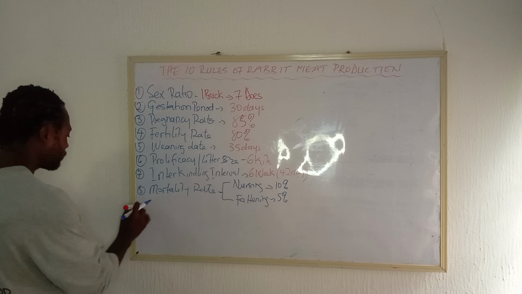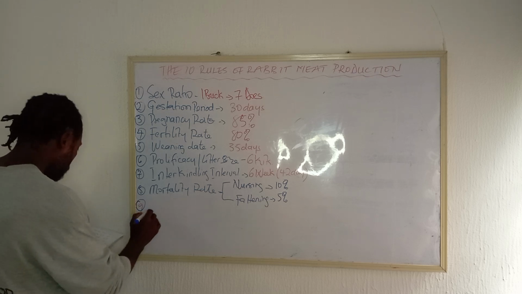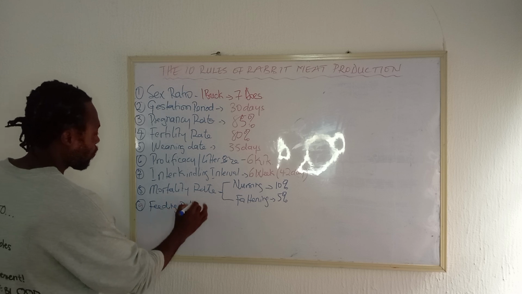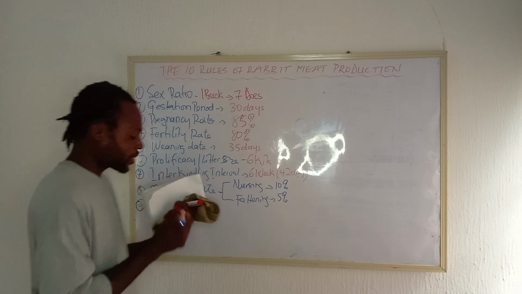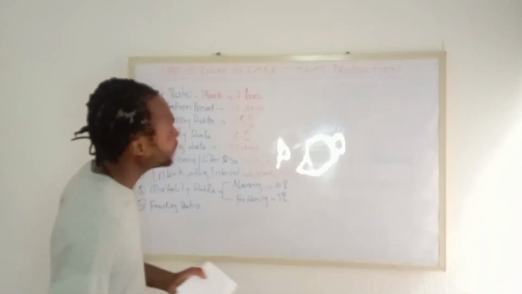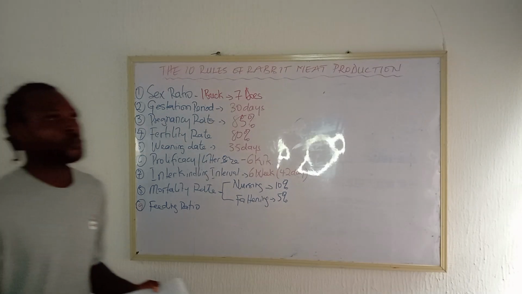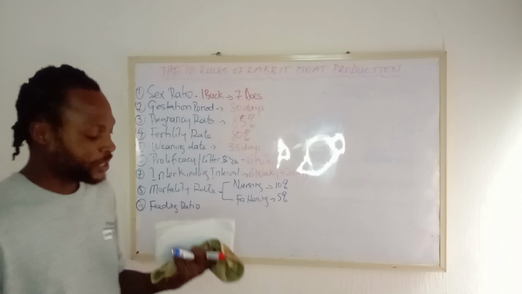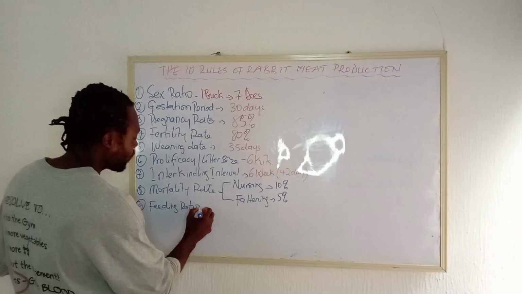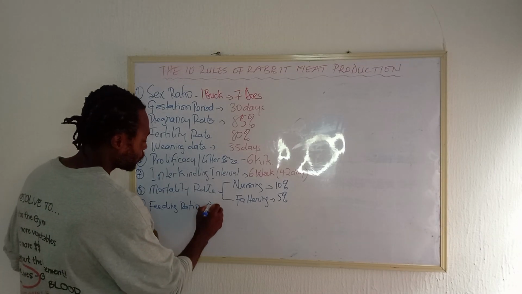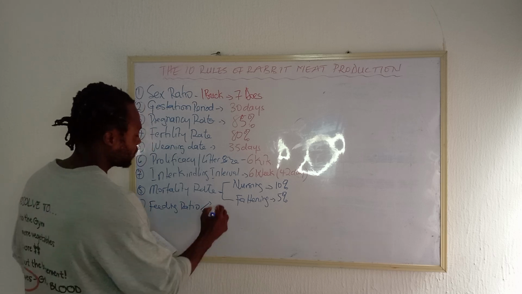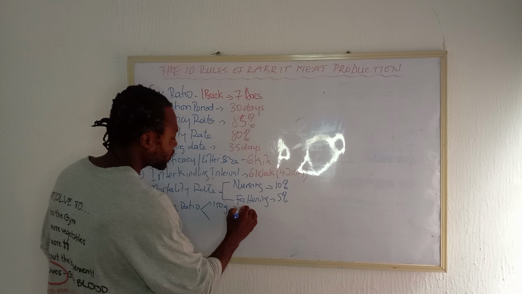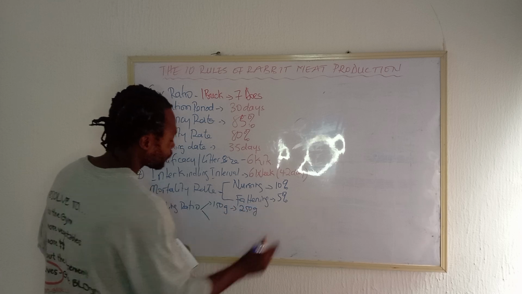Then number 9, we have feeding ratio. You have to understand this. Your feeding ratio is directly linked to how fast your rabbit grows, especially during the fattening period. So here we are going to divide it into two. When a doe is pregnant, she's having 150 grams a day. Nursing, she's going to have 250 grams.